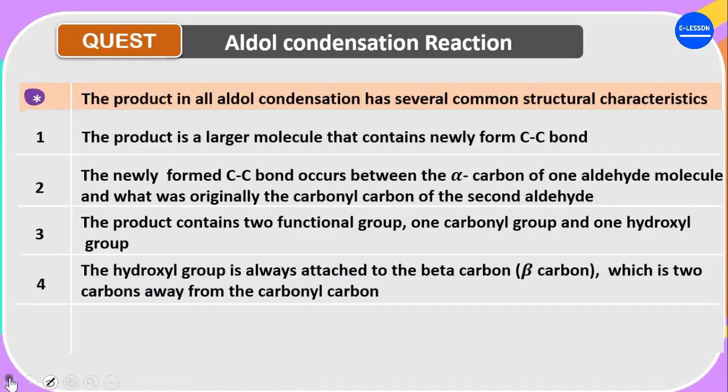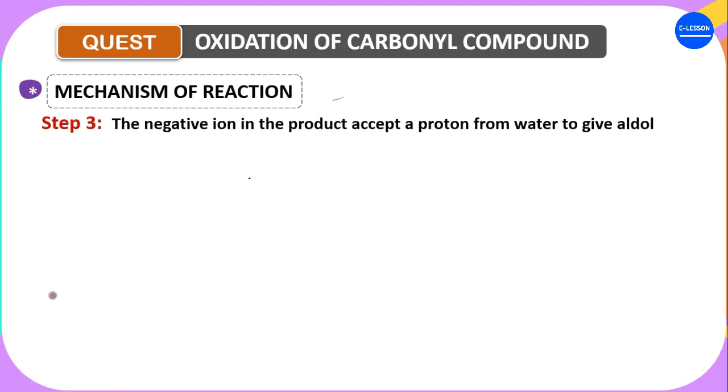Now we have CH3, then CO negative, CH2, C double bond O, and then H. Are you getting it now? Then we have the water molecule, which is hydrogen, then oxygen, hydrogen, then the two lone pairs of electrons. This is the water molecule, right?